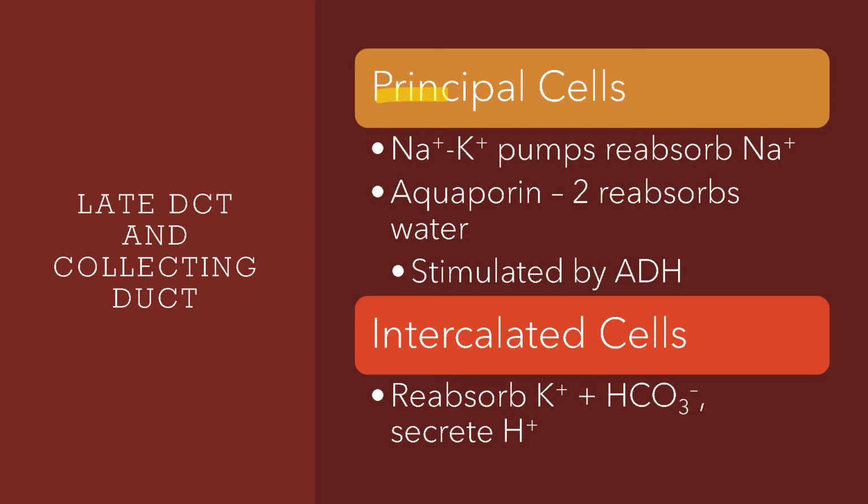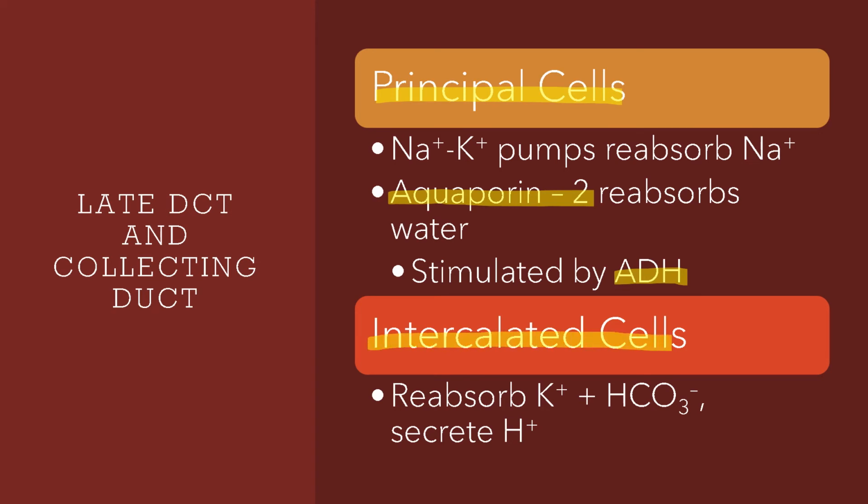The principal cells here at the top, these reabsorb sodium and secrete potassium. These cells are also stimulated by antidiuretic hormone in order to insert more aquaporin II molecules into their membranes.